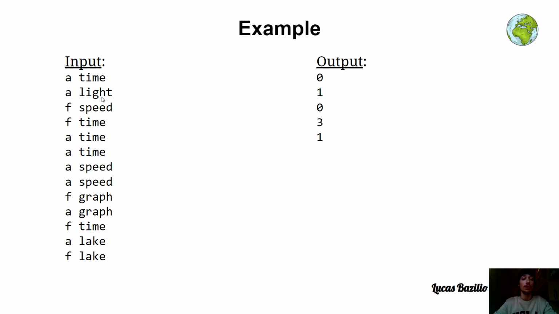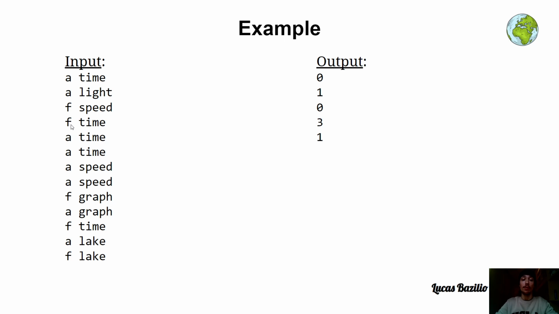Then we have the other word, light, so we increment the frequency of this word. And then we have the F code with the word speed. If we have the F code, we need to display the frequency of this word. However, if this word was not incremented before, and we didn't have this word in the sequence before, then this frequency is 0. That's why on the output the first thing we see is 0.